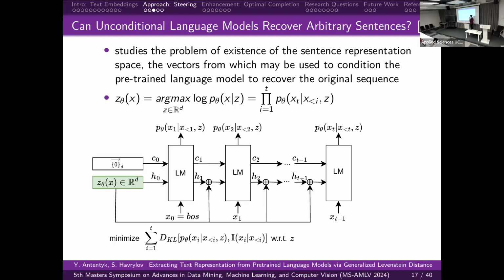In this particular paper, the way they introduce the conditioning on Z is that Z is the first hidden state, and to every hidden state they add this vector Z. Basically, they use the same objective, but now minimize with respect to the embedding vector Z.